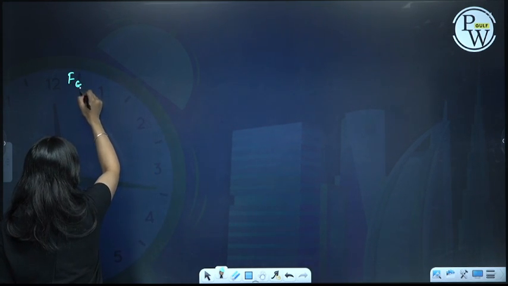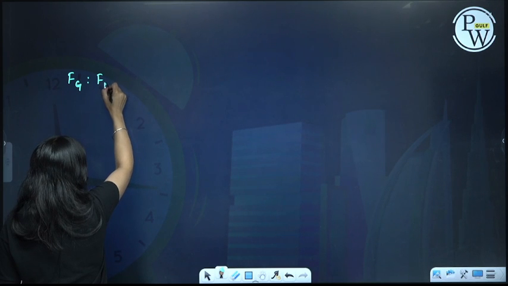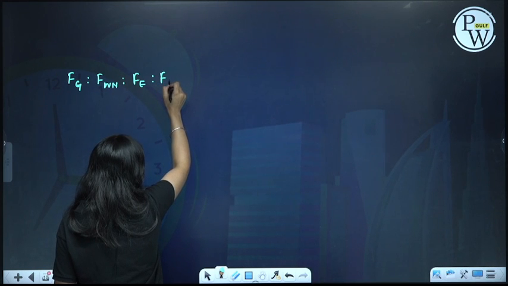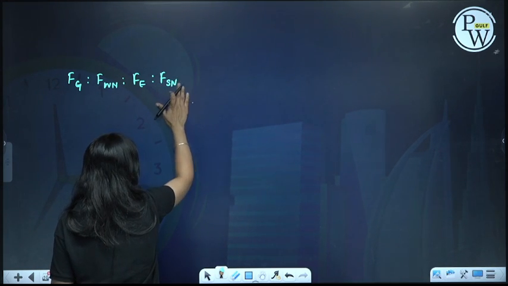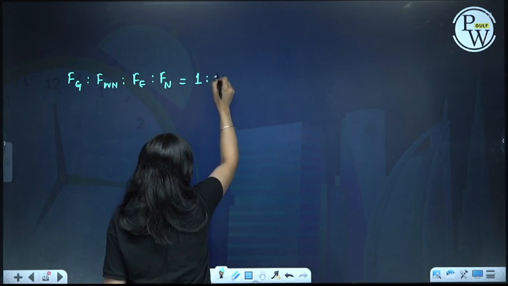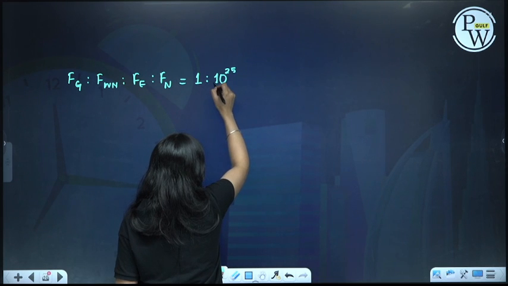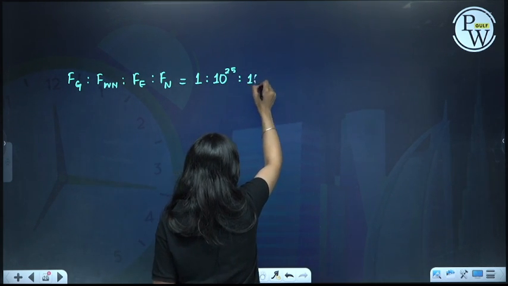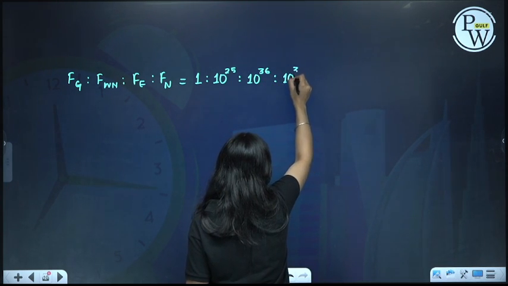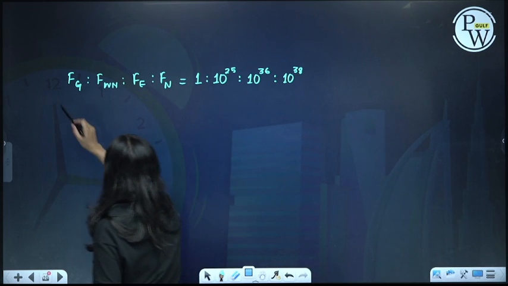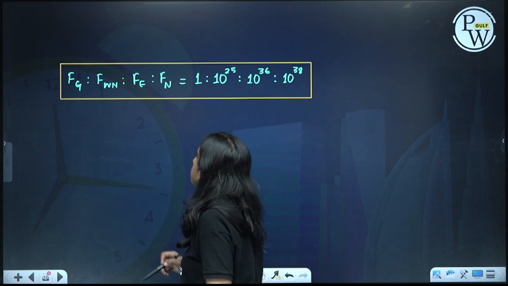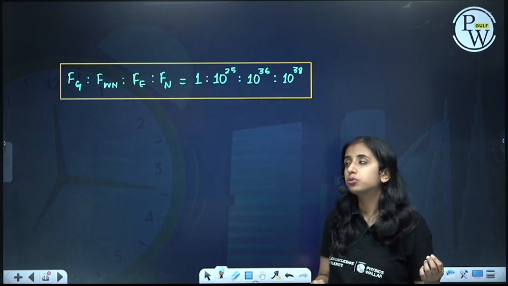Now let's summarize their order. First gravitational, then weak nuclear, then electromagnetic, then strong nuclear force. The order will be 1 : 10^25 : 10^36 : 10^38. This is the ratio of gravitational force to weak nuclear force to electromagnetic force to strong nuclear force.